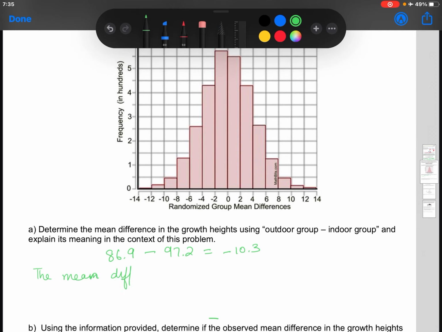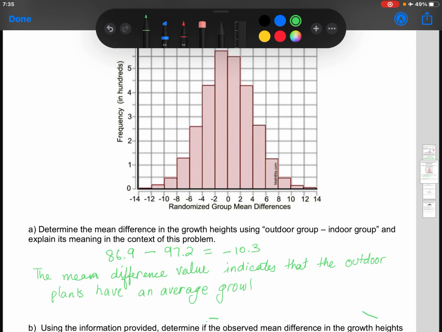The mean difference value indicates, which is negative 10.3 value, indicates that the outdoor plants have an average growth rate of 10.3 less than the indoor plants.